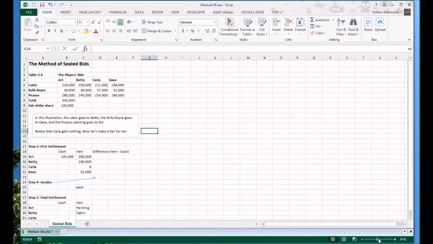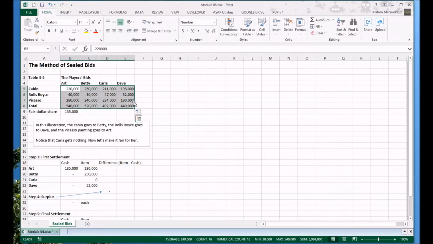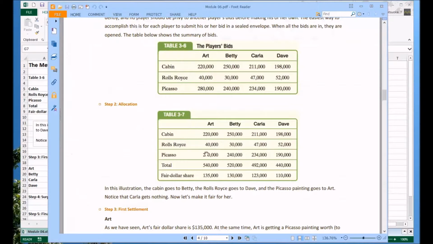Okay, here's a summary. How do you get the 440,000? You add up all these numbers, and you do that for each player. If I do that, each person gets this total value, which matches up with the table here.